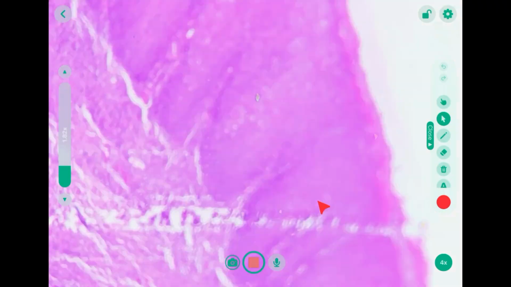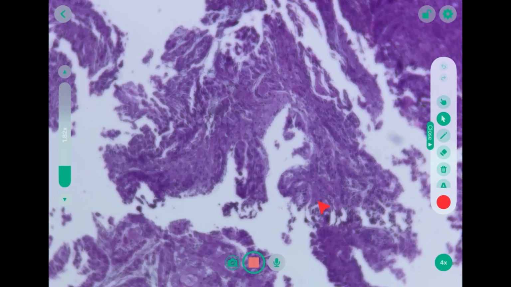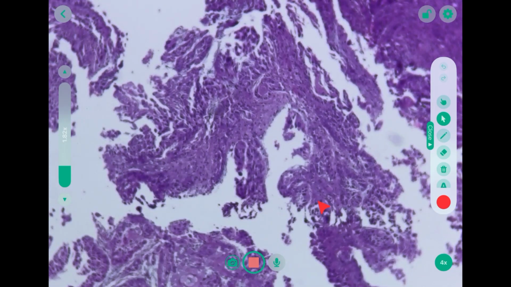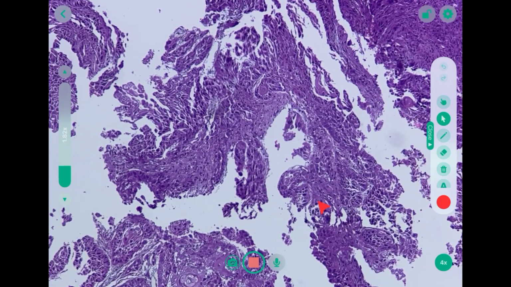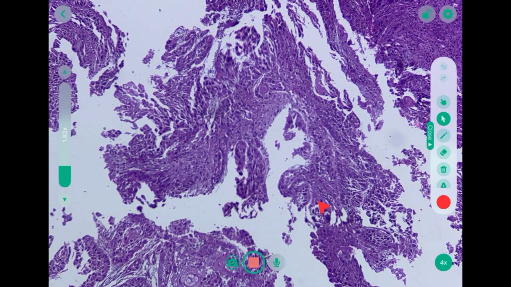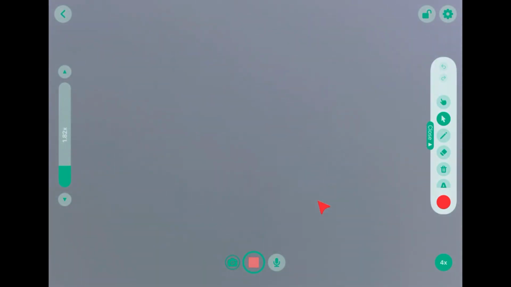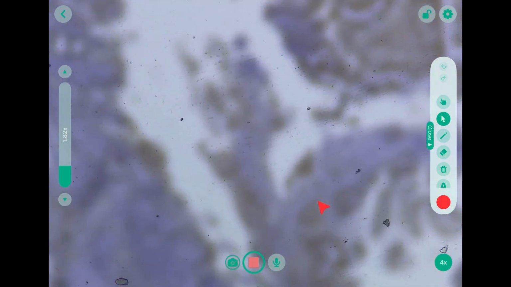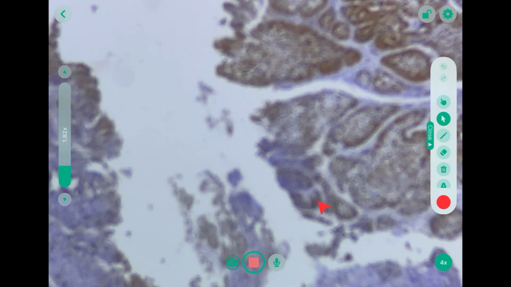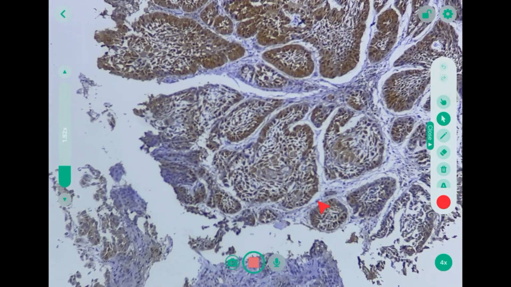So we have done a P16 immunostain for this case, and we will see that slide also. So this is the P16 immunostain.